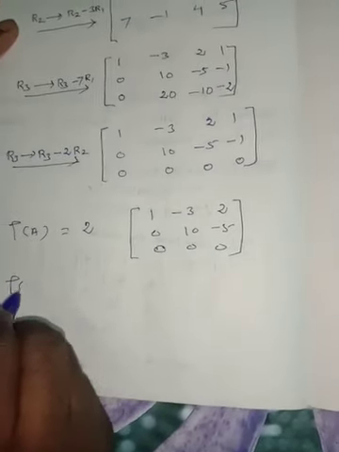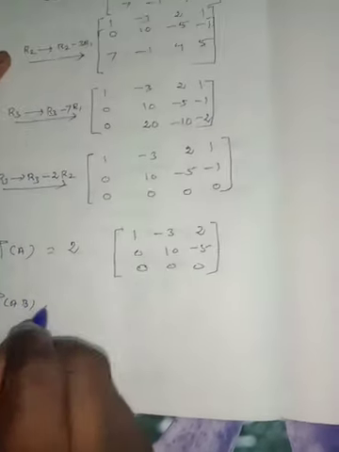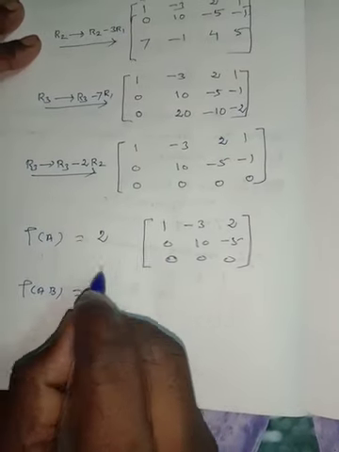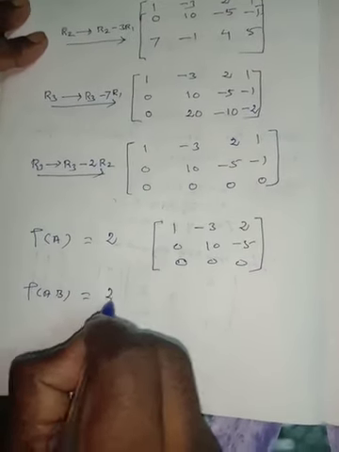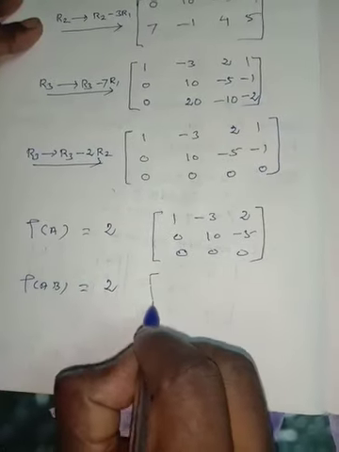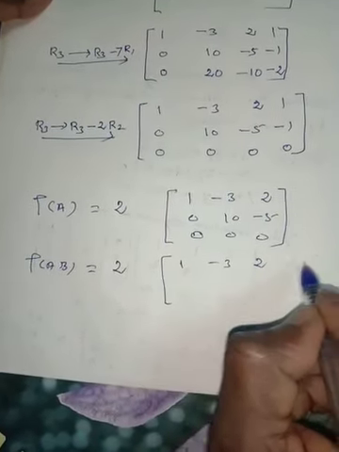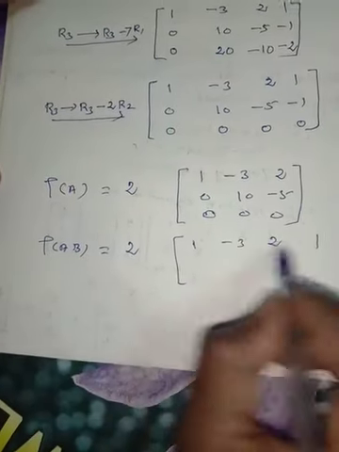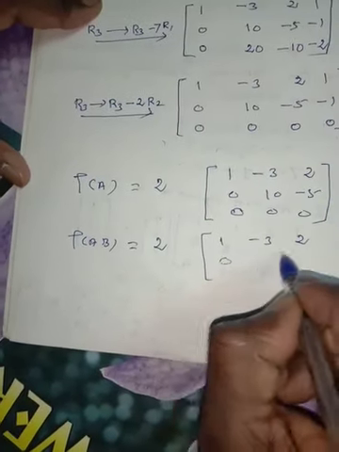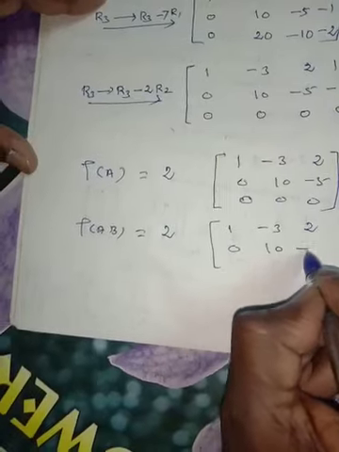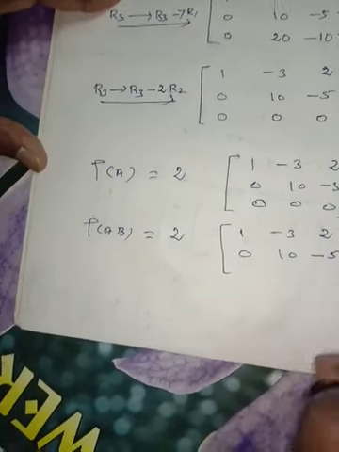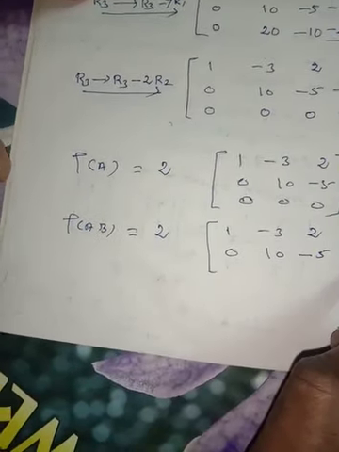Next rank of AB is equal to again 2. Why? First row 1 minus 3 2 1 is a non-zero row. Next 0 10 minus 5 minus 1 is again a non-zero row.